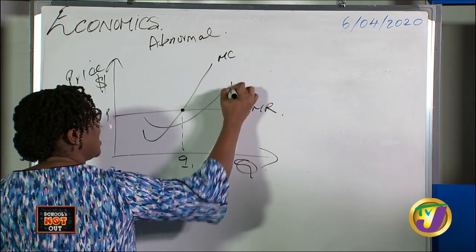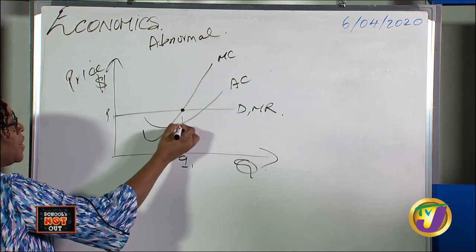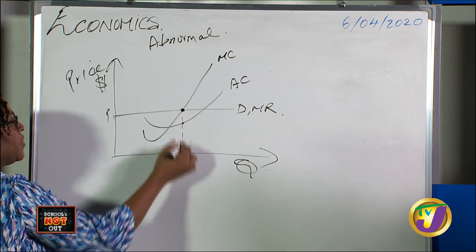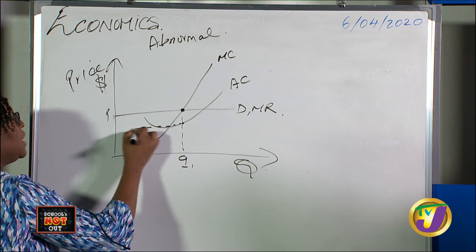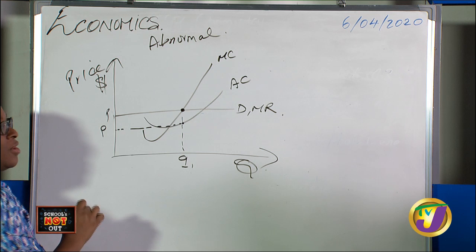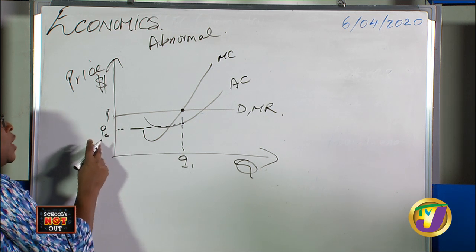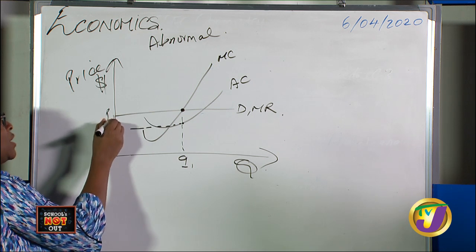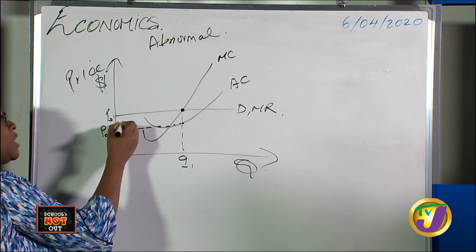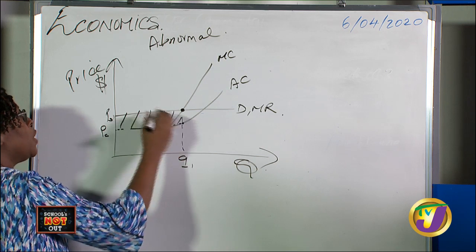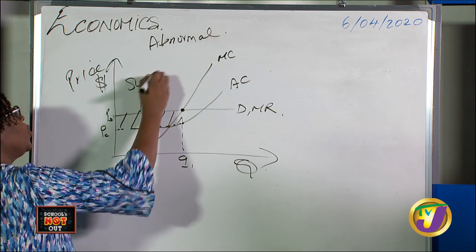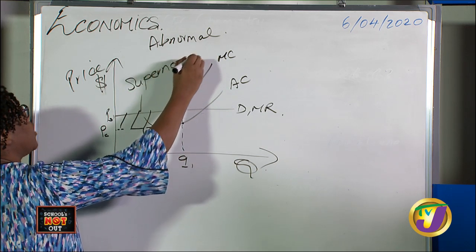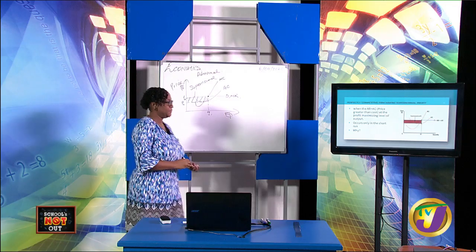So we put in our average cost curve associated with the profit maximization output level, take it across. For this example, we're going to call it PC, which is your cost of production, and it is less than your selling price, your market price. So all of this here will represent your supernormal profit or your abnormal profit.